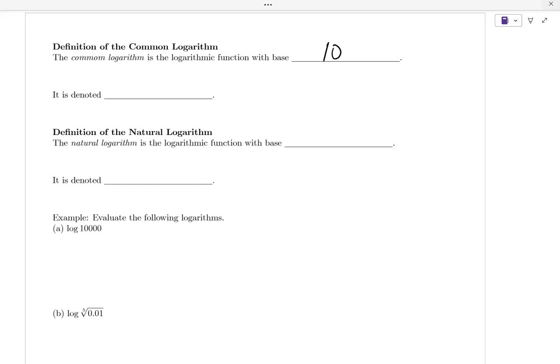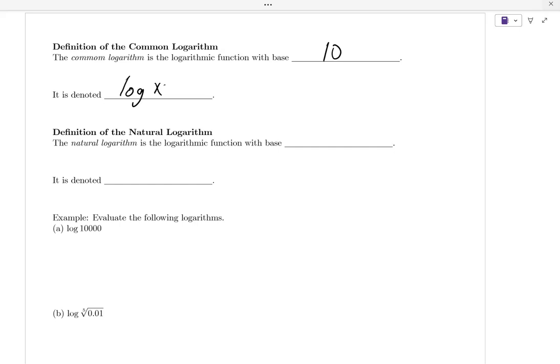If you've done anything in science and written things in scientific notation, it's 10 to a power, right? As an exponential form for that with a base of 10. So you might need to do a common log with a 10 to go along with that. When we do common log, we don't put a base. So if you see log and no base, it's understood that it's base 10. Okay? If you see log with no number written below it as a base, you assume it's base 10. That's what common log is. Okay?